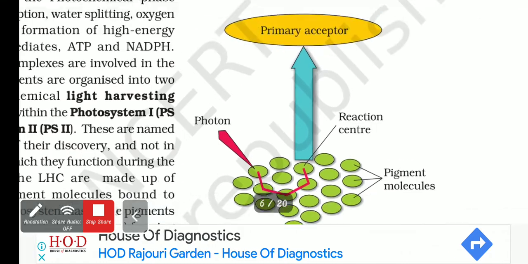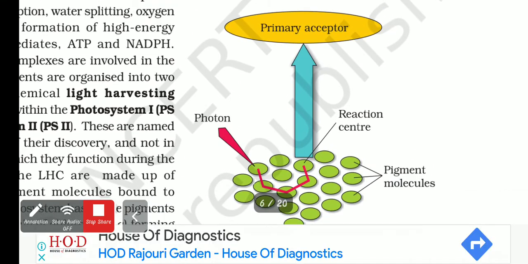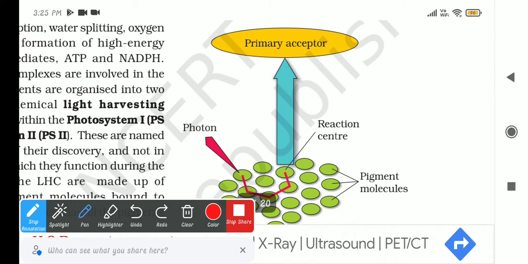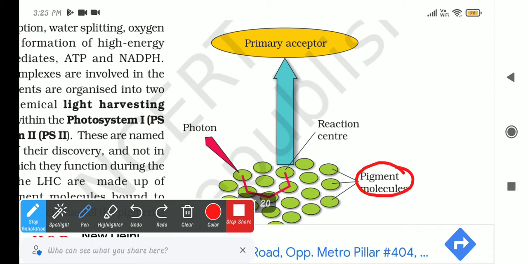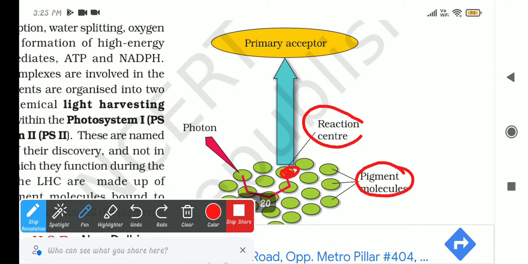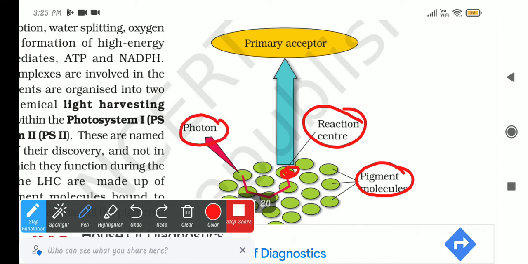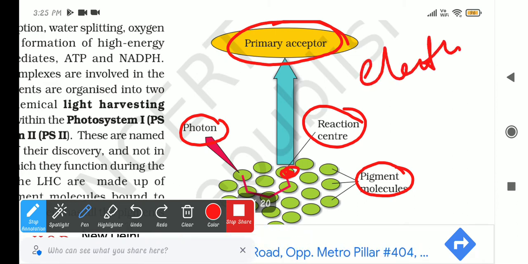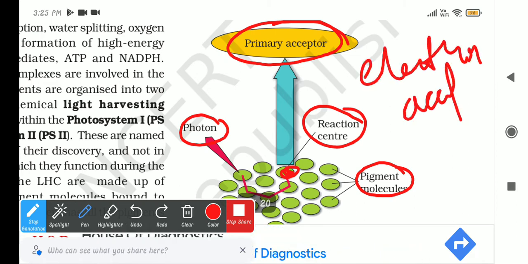So let's now discuss this. What is it saying? It's very simple, guys. These are the pigment molecules, this is the reaction center, and these are protons. Here we have the primary acceptor, which is an electron acceptor.